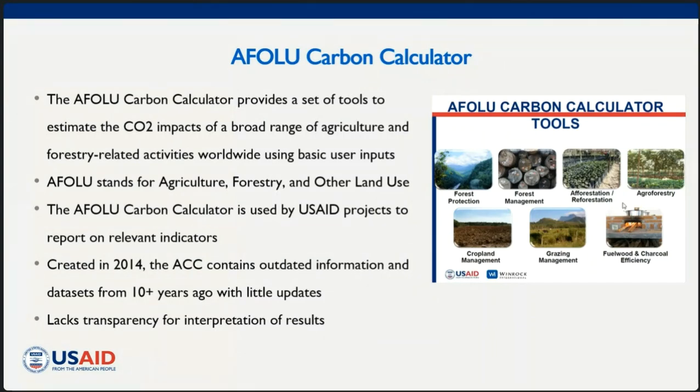And John, I just saw your hand go up. Please jump in. Yeah, on the issue of maps behind the AFOLU tool, I think the map is one of the administrative maps that you probably have in the GE catalog. But I think they end at level 2.